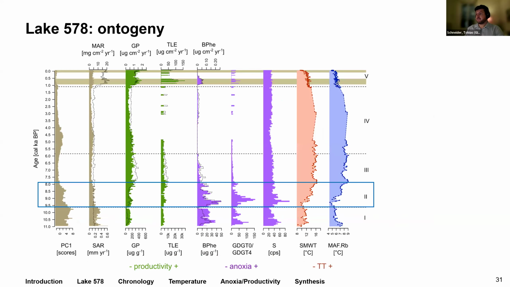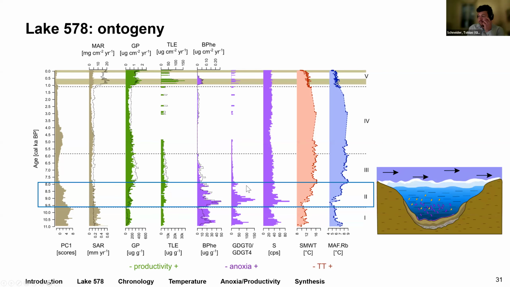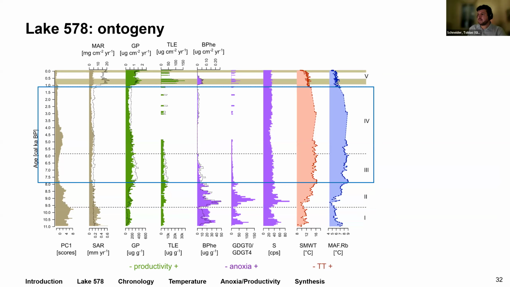That means that here, in the second phase of the early Holocene transition towards the mid-Holocene, when we see a rise in summer mean water temperature and a slow decrease in anoxia, it could actually mean that we transitioned from an ice-covered lake to a lake that started to mix again and distribute oxygen.